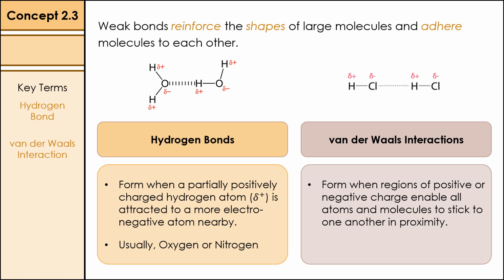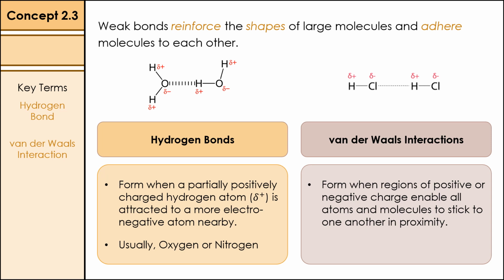Sometimes it's nitrogen. Sometimes we throw other elements in the mix, but usually oxygen and nitrogen are the ones that we want to look out for. Now, hydrogen bonds play an influential role in a lot of our larger, more complex structures. We'll come back to this when we talk about nucleic acids.